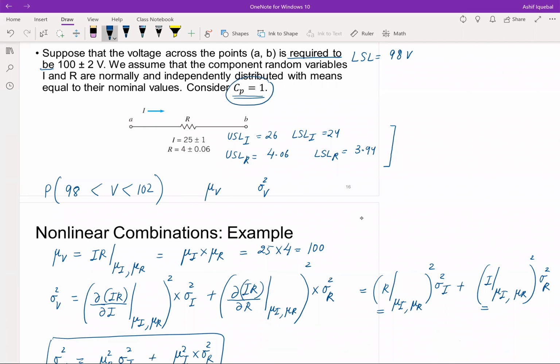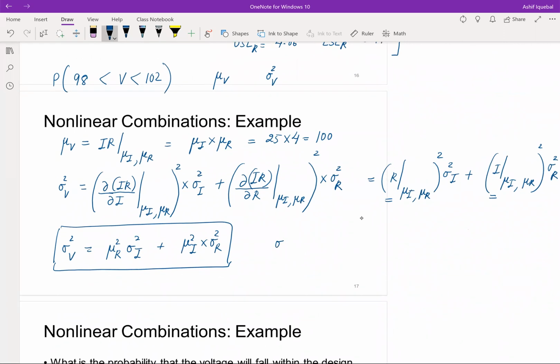Cp equals 1 means that USL minus LSL divided by 6 sigma equals 1. So from this formula, we can calculate sigma as USL minus LSL divided by 6, right? So let's use this formula for both current and resistance and find out the value of sigma.